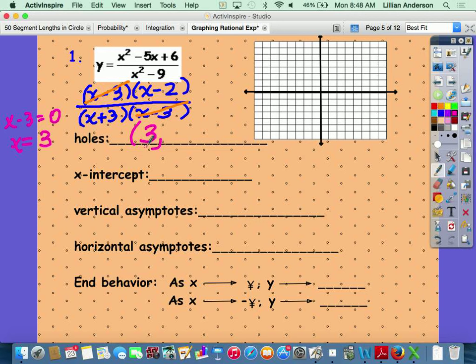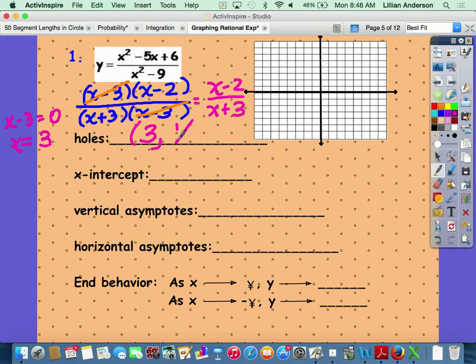Now how do you find the y coordinate of that hole? You plug it in, not to the original, but to whatever's left over. Okay? So x minus 2 over x plus 3. That's what was left over after I canceled, right? I'm going to plug in 3 in for x. So when I do that, what's 3 minus 2? 1.